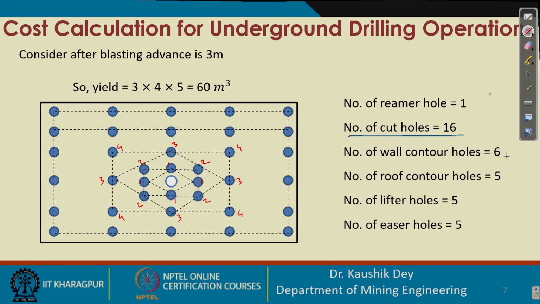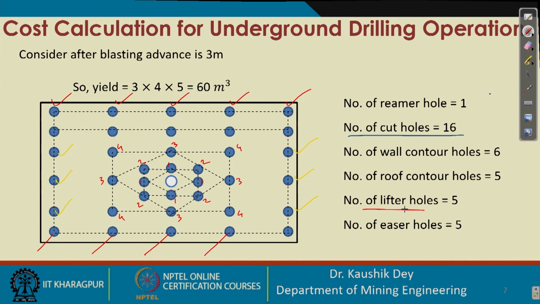We have 6 wall contour holes, these are the wall contour holes, and then 5 roof contour holes, these are the roof contour holes, and these are the floor contour holes, that is the lifter holes.